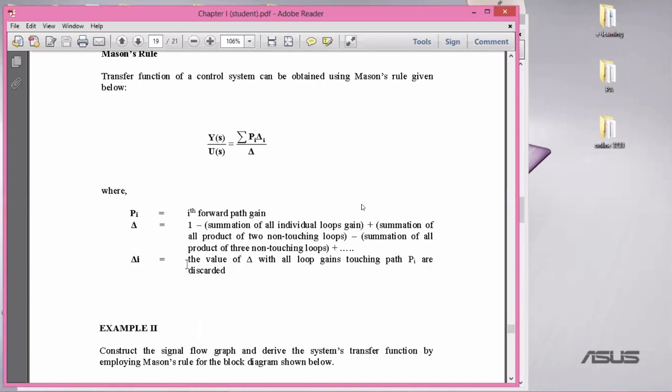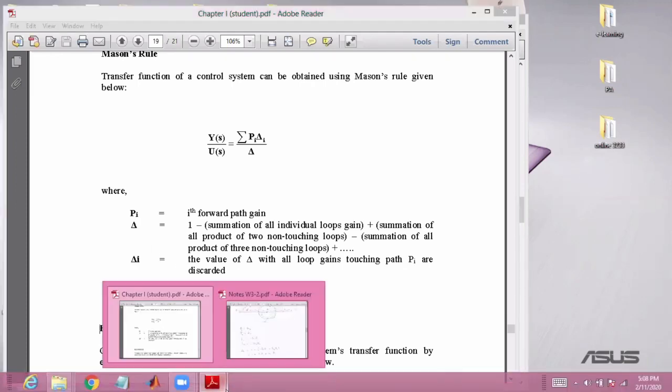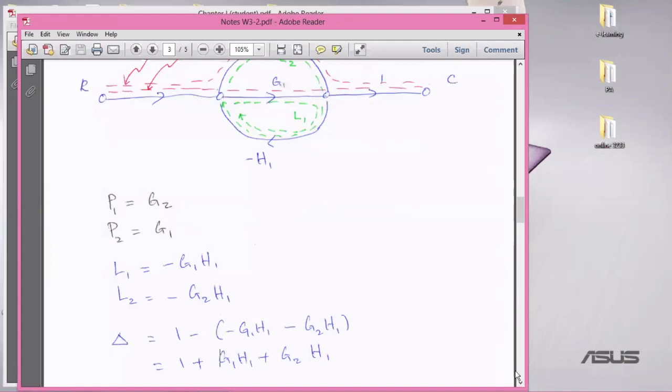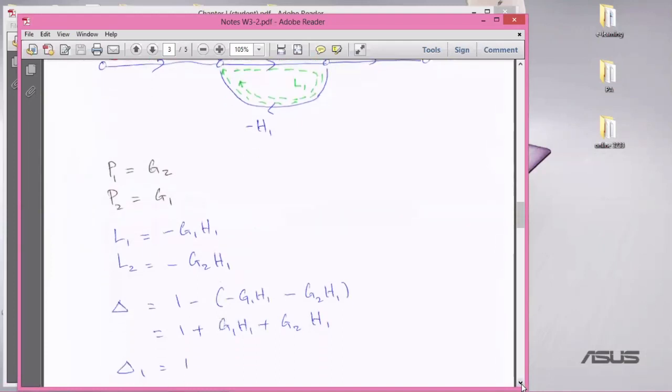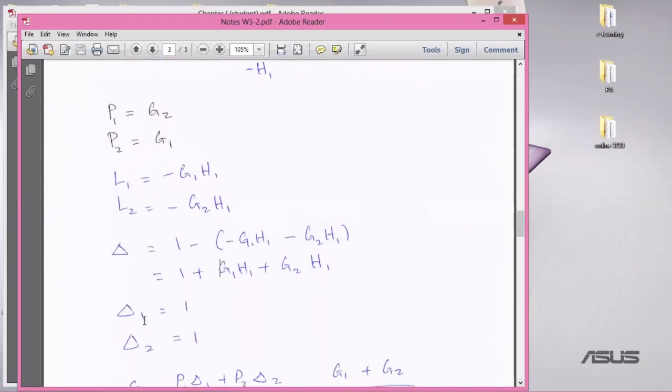The value of delta i is obtained from delta by dropping all the loop gains that touch the ith forward path. You discard all the loop gains that touch that particular forward path. So delta 1 you get from delta by dropping all the loop gains that touch the first forward path.